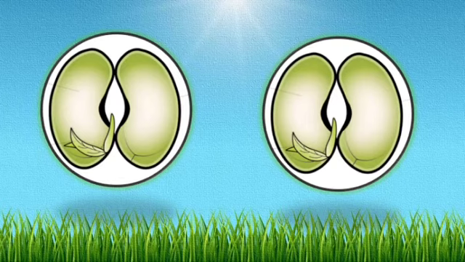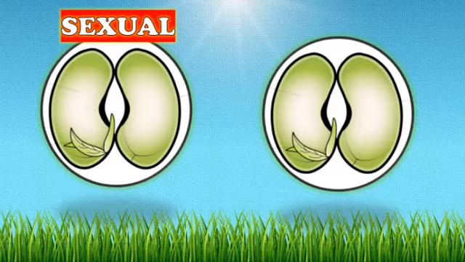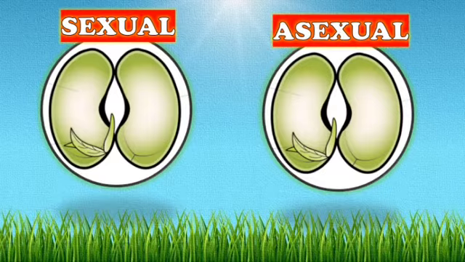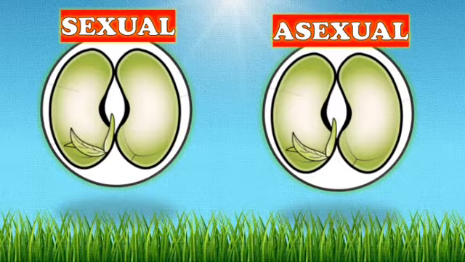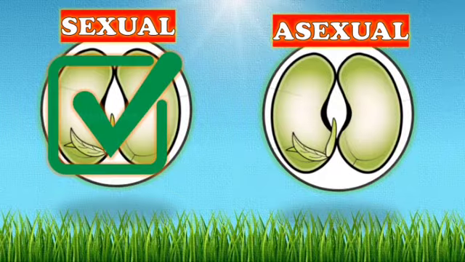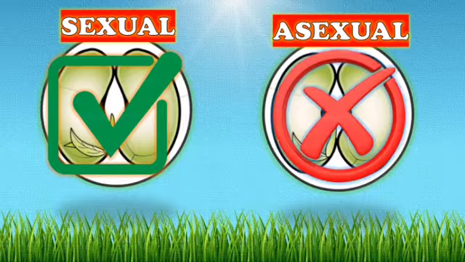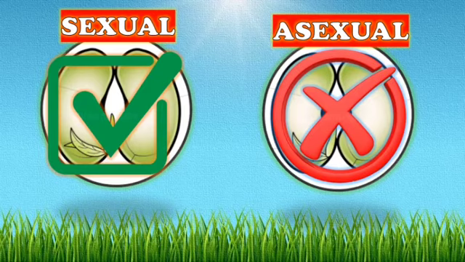These are categorized into two types: either sexual reproduction or asexual reproduction. When we say sexual reproduction, new plants are obtained from seeds, while in asexual reproduction, they are obtained without the production of seeds.